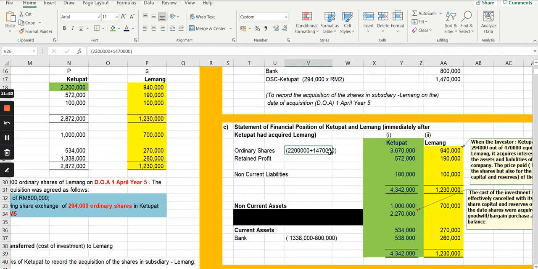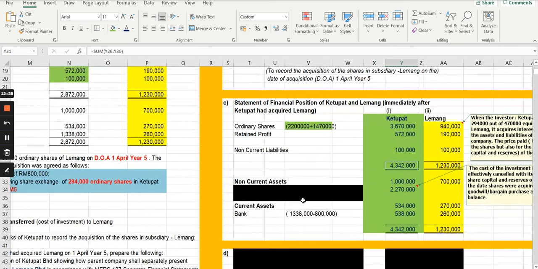Because of the changes due to the issuance of shares that were made earlier. The second one is the retained profit, nothing changed. It is exactly the same. The third one is non-current liability, nothing changed, the same. And then you can have your first total. The total has gone up by 1470, because of the shares that have been issued.